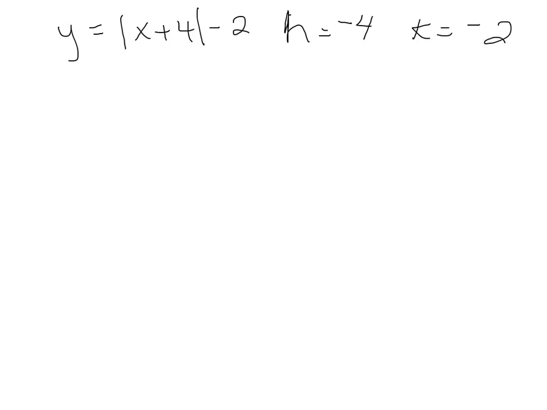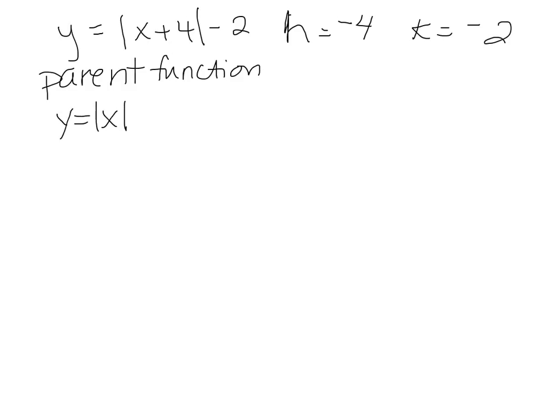So parent function starts at y equals absolute value of x, stop. So we have y equals the absolute value of x. So we make a chart for that. It's always the same one: 0, 0, -1, -2, 1, 2. And remember from the last example, it's always the same thing.